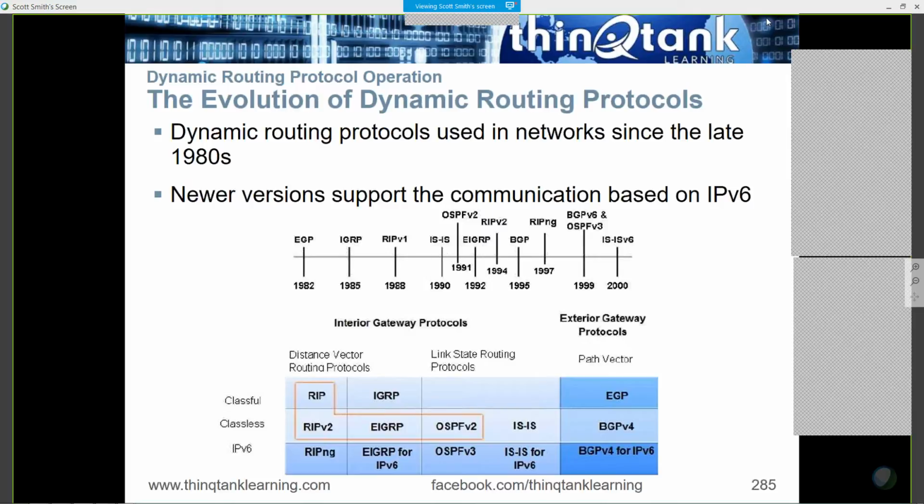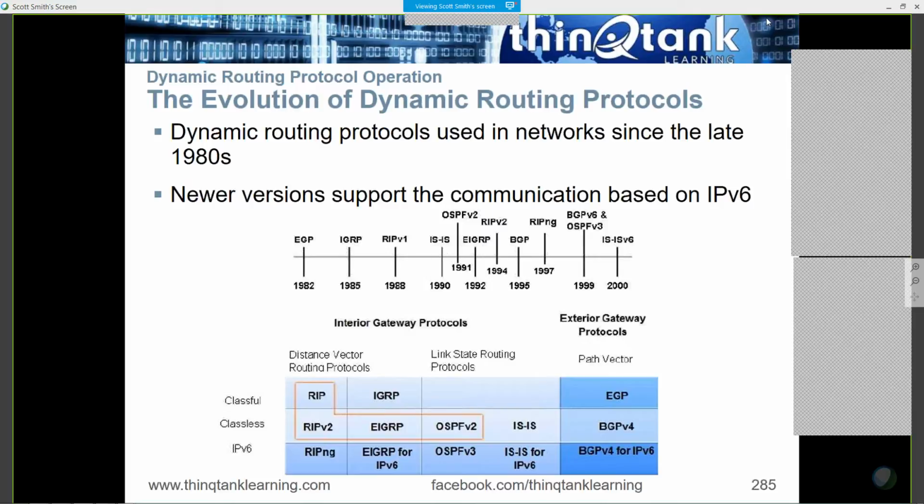So then we had RIP version 1 that came out in 1988. RIP version 1, also a classful routing protocol. And then we started to see the advent of our more modern protocols, ISIS, EIGRP, OSPF, RIP version 2, etc. Okay?